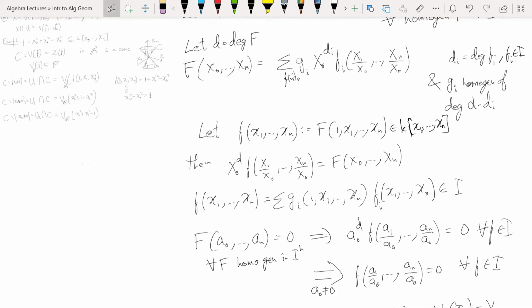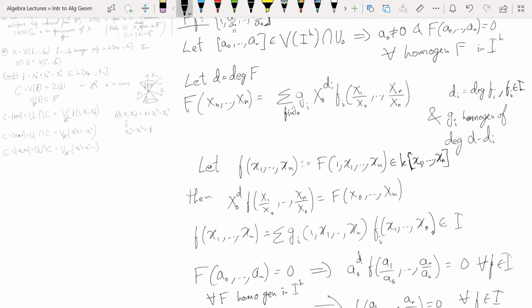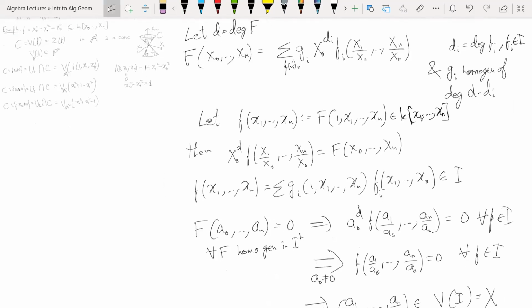Now this statement: F(a naught, ..., an) is 0 for all F homogeneous in IH. What does that imply? That implies a0 to the d times f(a1 over a0, ..., an over a0).